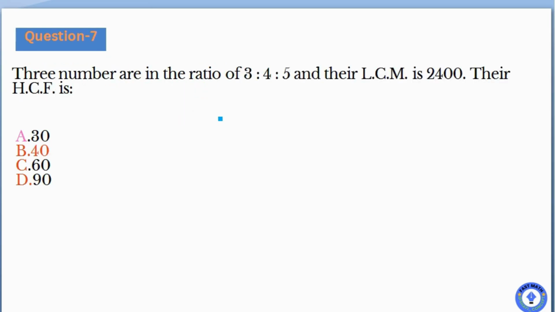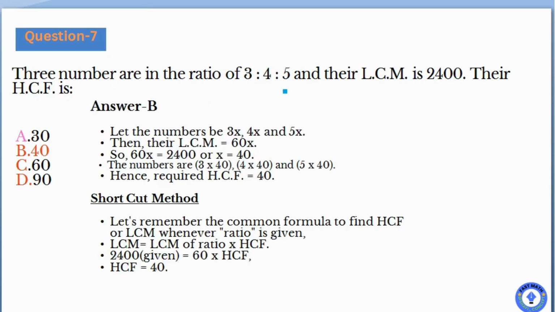3 numbers are in the ratio of 3:4:5 and their LCM is 2400. What will be the HCF? Let's see the shortest way of doing it and the conventional way also. What is the conventional way? Let us take all these ratios as 3x, 4x and 5x. What will be the LCM of these numbers?